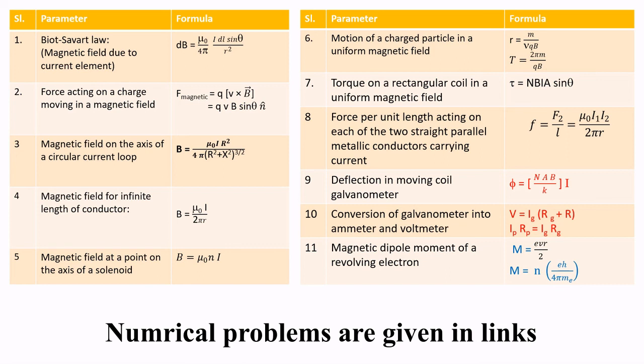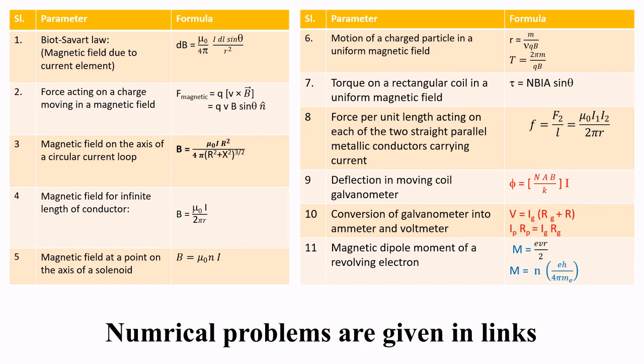It is given by the formula dB is equal to mu naught over 4 pi into I dl sin theta by r square, where dB is the magnetic field, mu naught is the permeability of free space, I is the current through the element dl, theta is the angle between dl and r, and r is the distance.